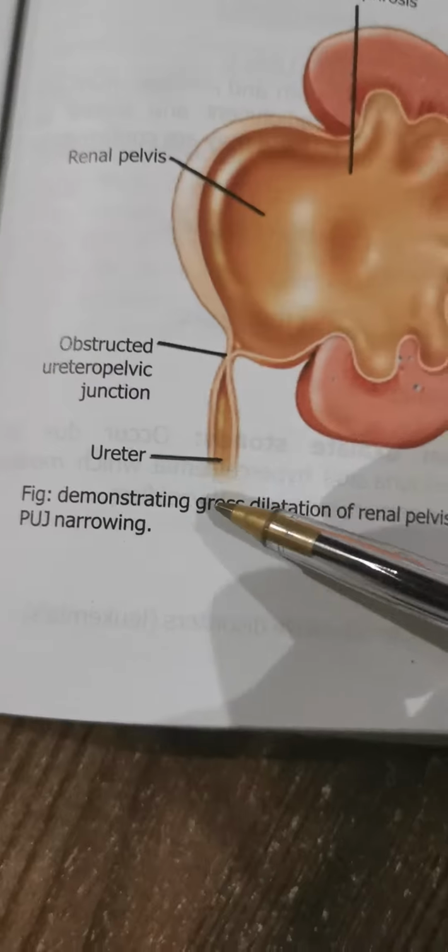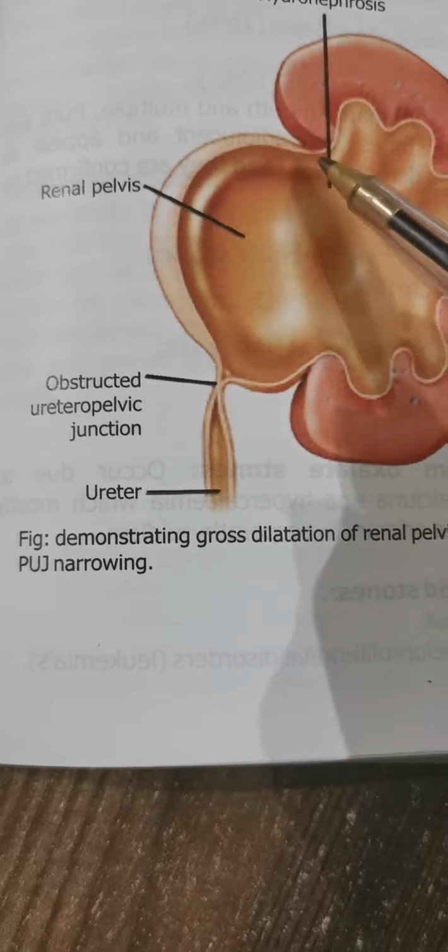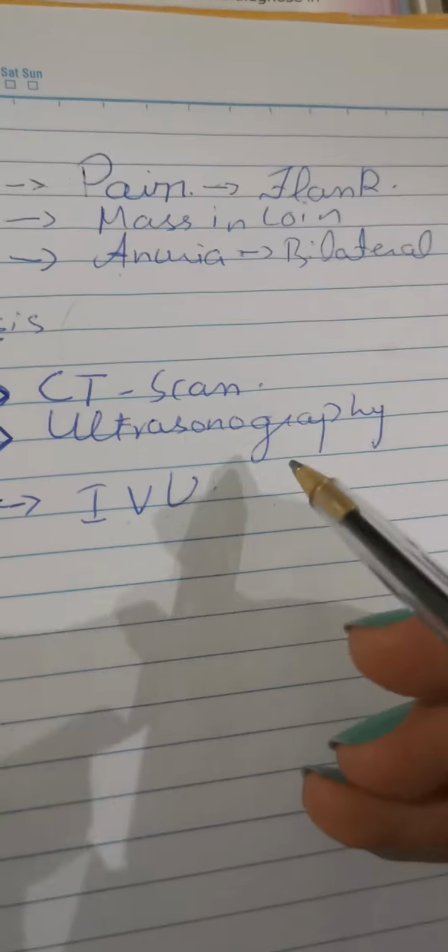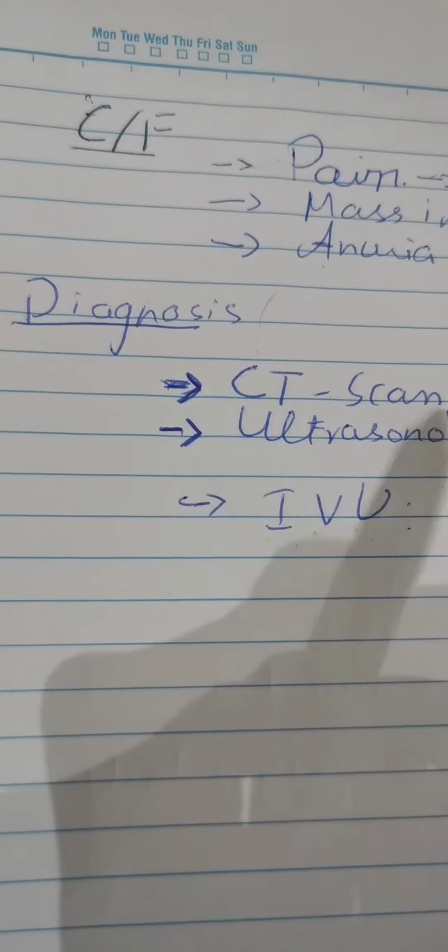IVU is the intravenous urogram, which basically takes images of this whole tract and shows dilation, abnormal dilation. So yeah, basically these three investigations will lead to diagnosis.